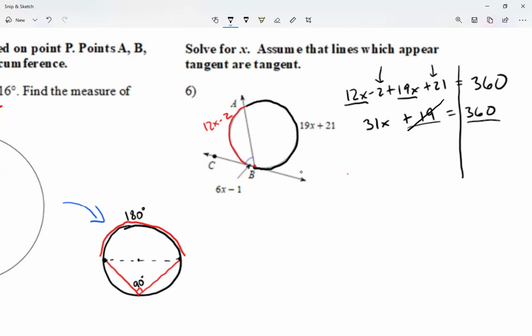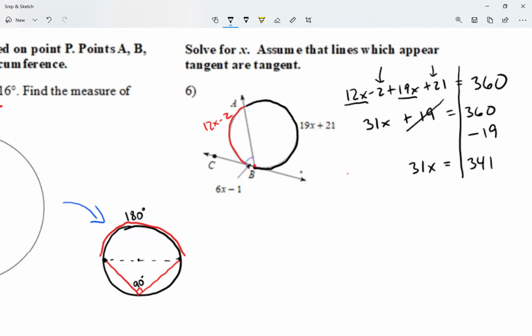So I'm going to move the 19 over to the other side, but I'm going to call it -19. Remember, I have to switch the sign. Your algebra teacher must have said opposite signs. On the left side, I just have 31x. On the right side, 360 minus 19 is 341.